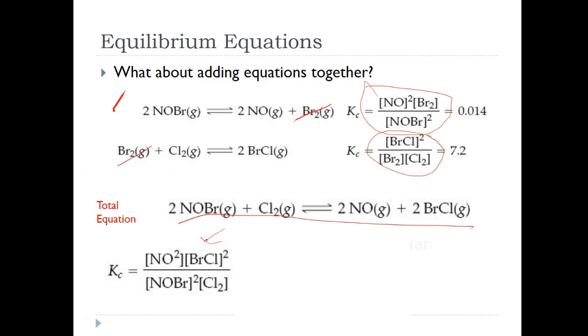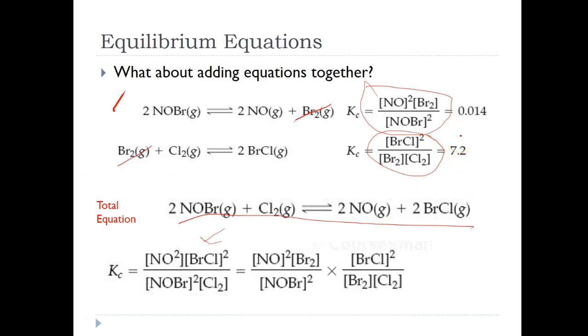Adding them together is not going to work because we'd have to have common denominators. It actually turns out if we multiply them together, that would allow the bromines to cancel. So there's the equilibrium constant for the first reaction, then for the second reaction, and if I multiply them together, this will go away.